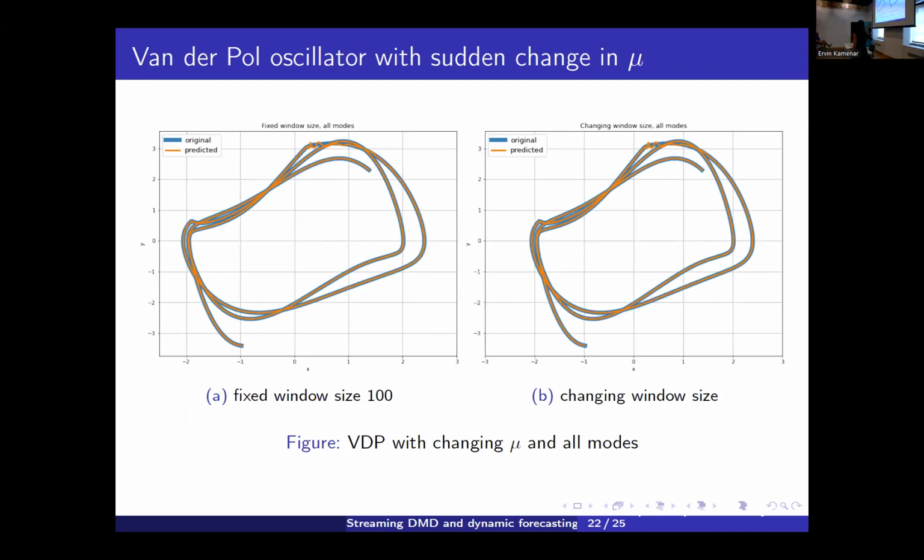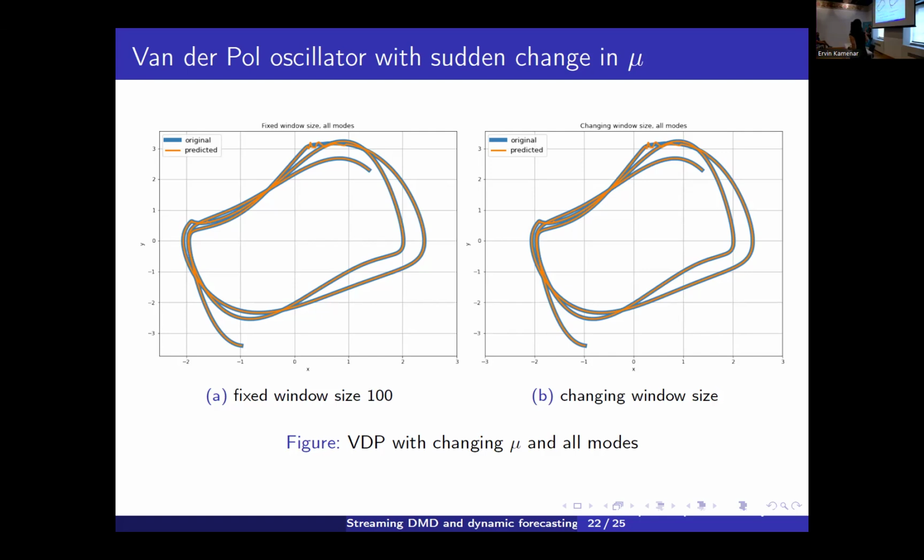Then this is the example where there are sudden changes in mu. So it's 2, then 1.5, etc. When predicting one ahead with fixed window size or changing window size, we see the thing is when we're doing prediction, we can test how good our model is, because I get new data at some point and then I can see, okay, was it good or was it bad?